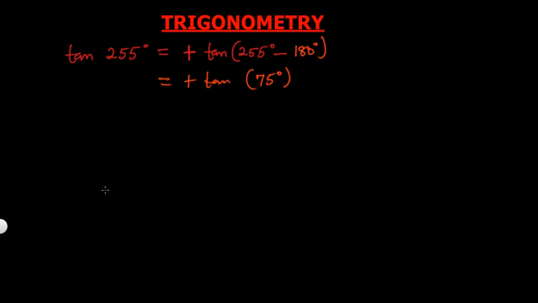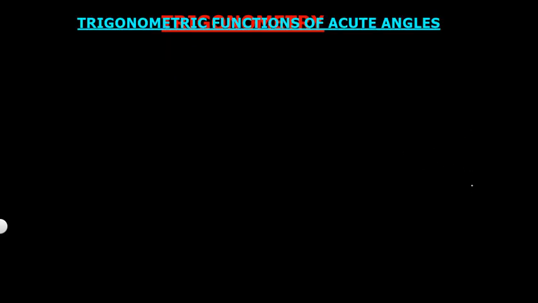That is interesting. Now we understand that we can then look into trigonometric functions of acute angles. When we say trigonometric functions of acute angles, this is basically a situation where angles are represented that are below 90 degrees.